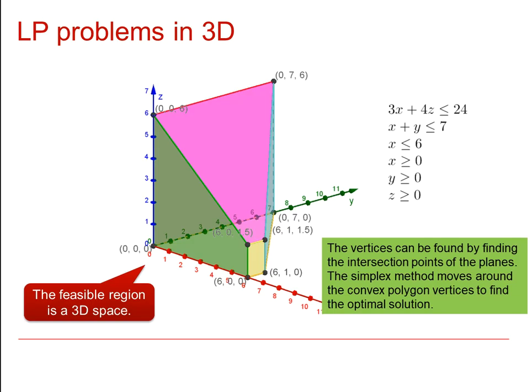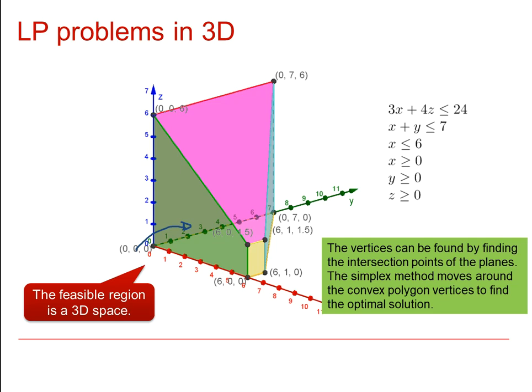Here's an example when we've got all of the constraints listed on the right hand side, and you can see that the planes have divided the three-dimensional space, and inside that, although we can't actually step inside it, is our feasible region, which is now a three-dimensional space.